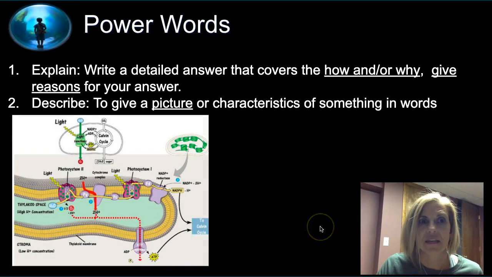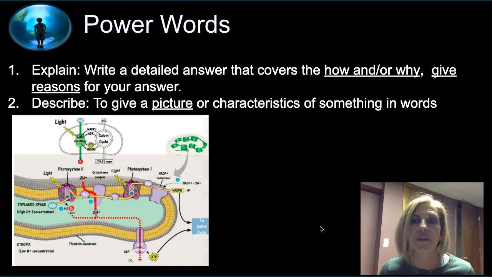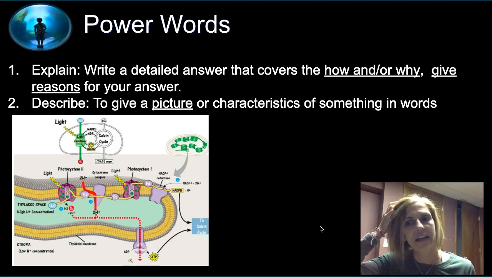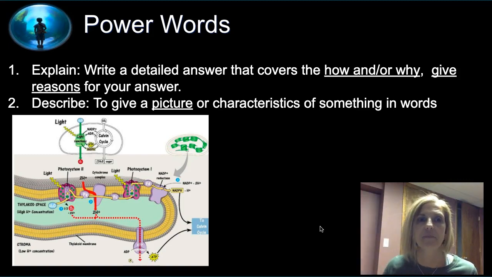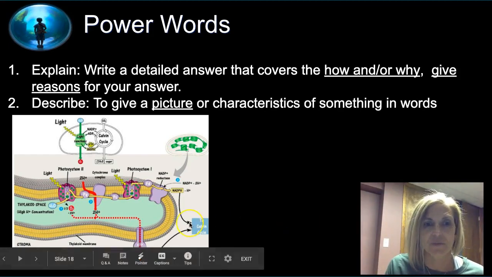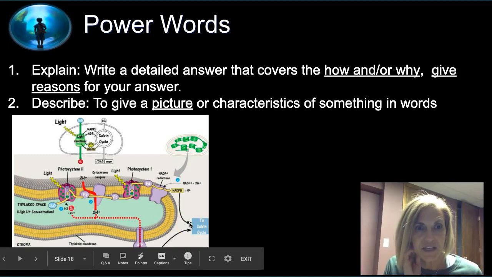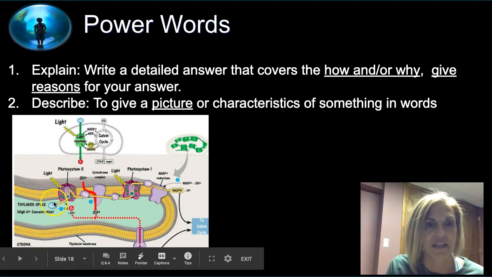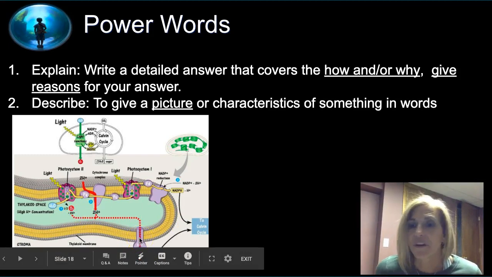Okay, I think, power words. So knowing the difference between explaining and describing. In a lot of those goals, it said be able to explain this or describe that. So here's the electron transport system, right? Actually this is the light reactions, and then down here we have electron transport, or chemiosmosis.